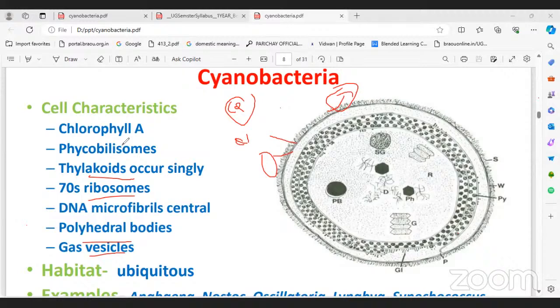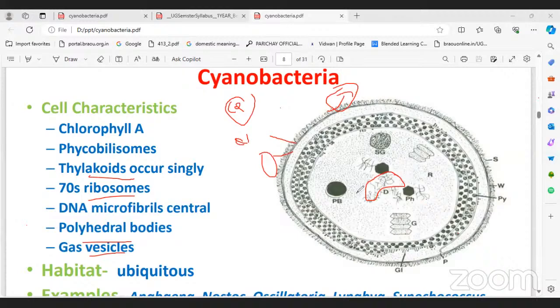As it is prokaryote, the nucleus is without protection: no nuclear membrane, no nucleolus. Only threads are present, that is DNA, as we can see in the diagram, without protection of a membrane. That is called genetic material, naked DNA. Naked means without protection.